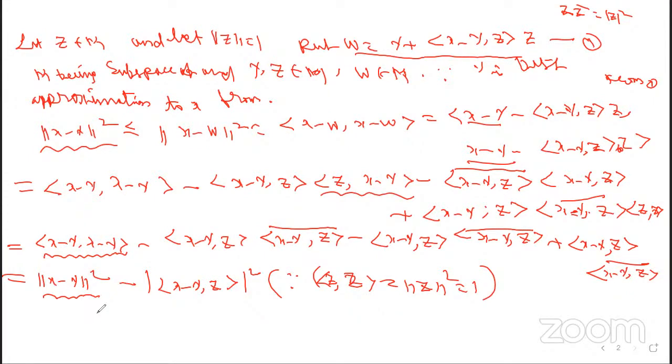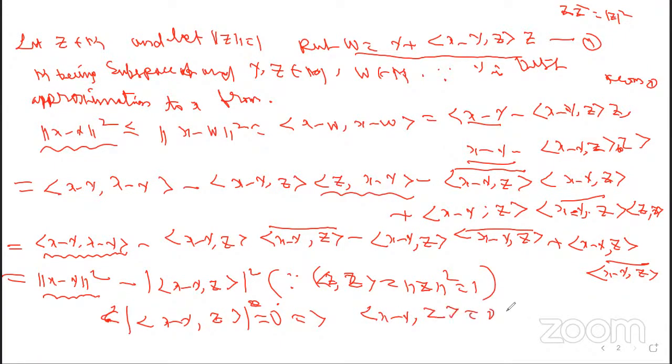What will we get as result? Modulus of inner product of x minus y comma z whole square equal to 0, means this square will get cancelled. That implies inner product of x minus y comma z equal to 0.